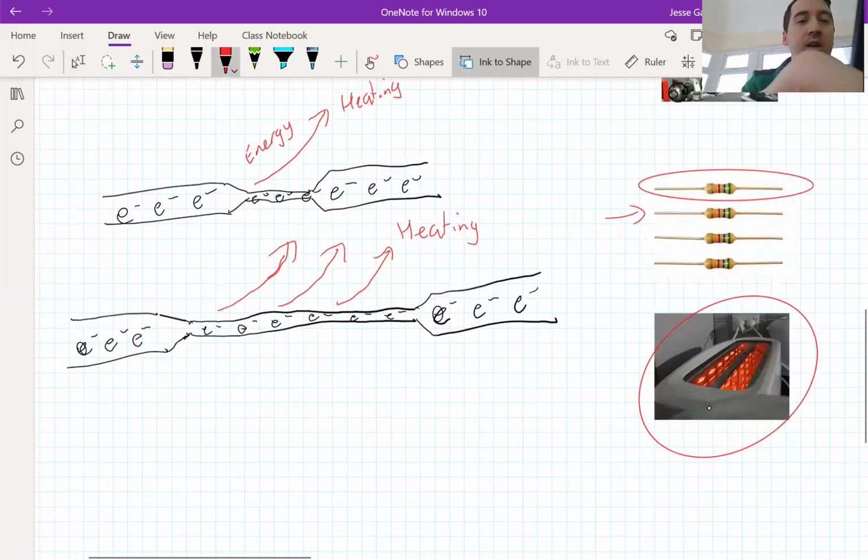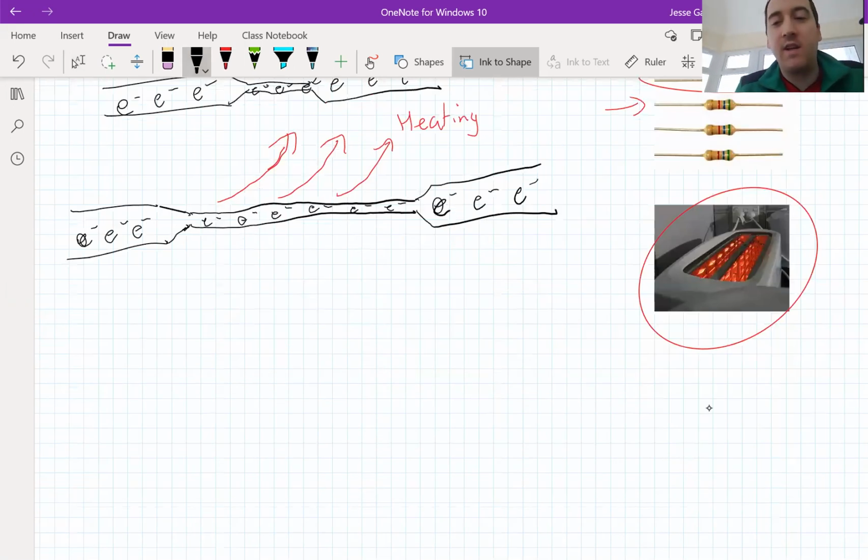Another example that you might find this in is something like a kettle. Kettles have basically a heating element in here, or a hot water tank would have a heating element. If you look into the kettle, sometimes you'll see the element has a steel casing around it.